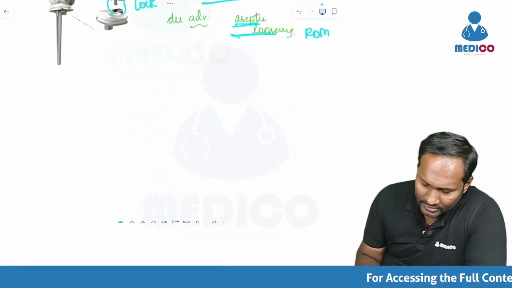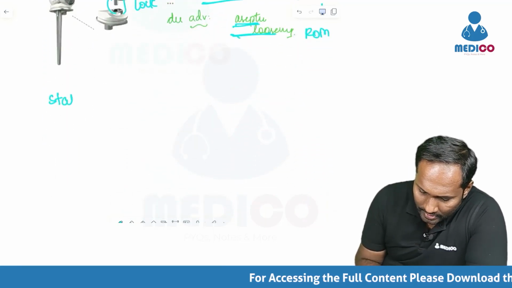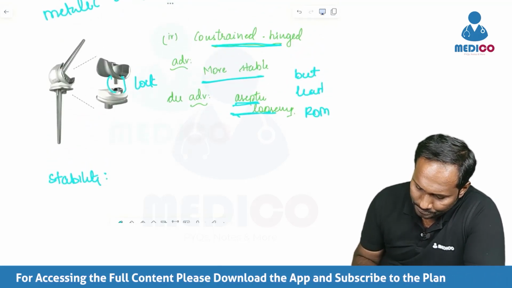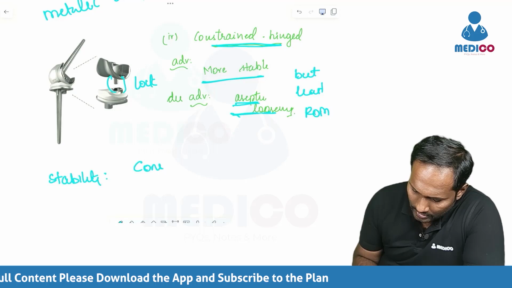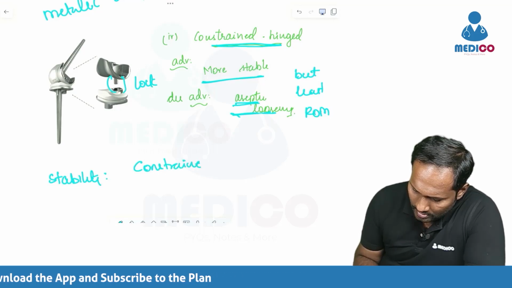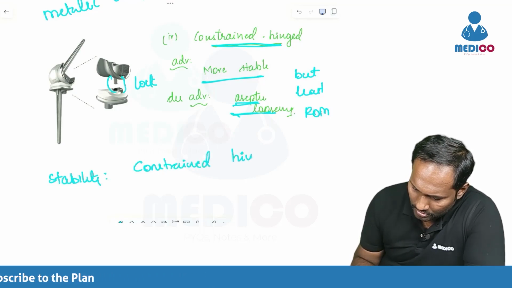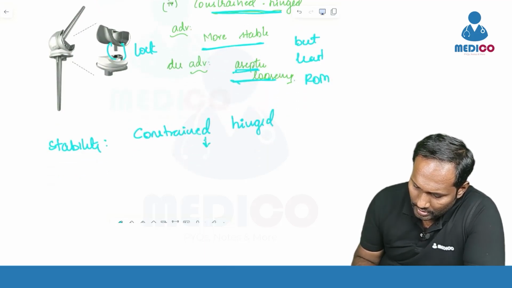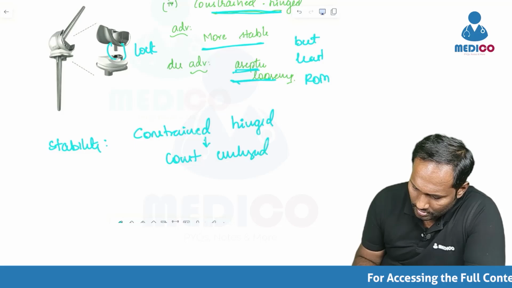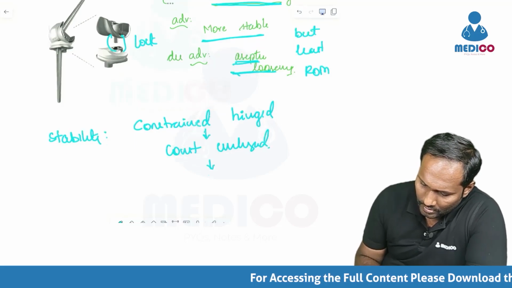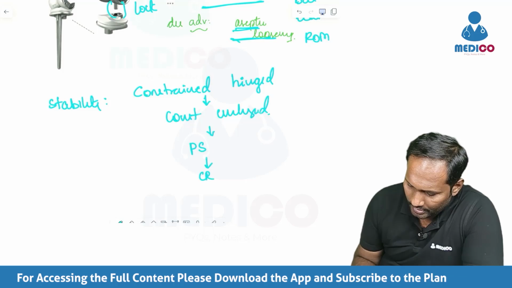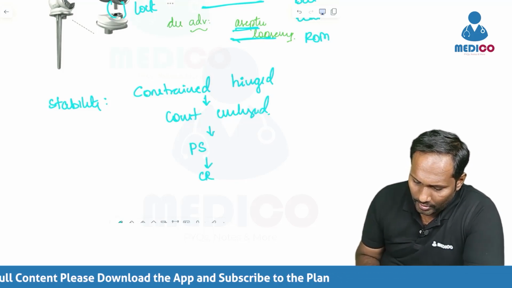If you have to rate the implants in order of stability, it would be constrained hinged, then constrained unhinged, then posterior stabilized, then cruciate retaining.